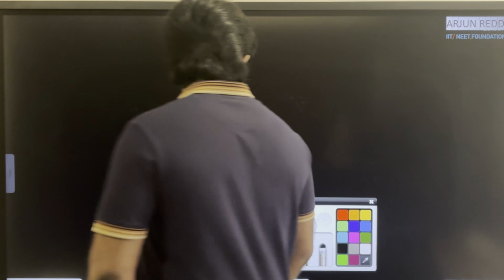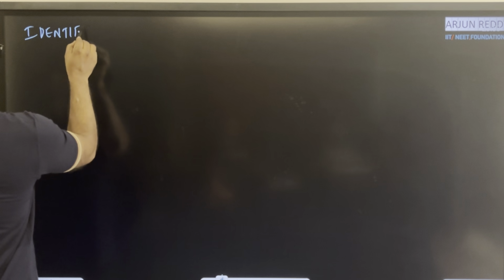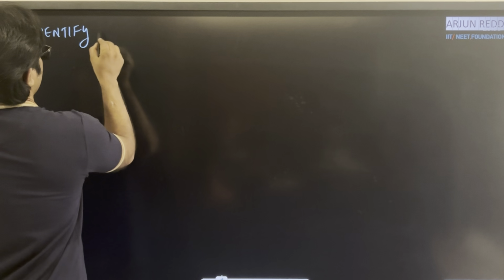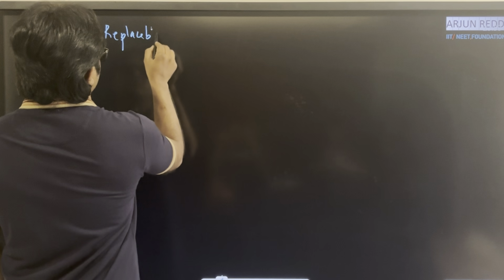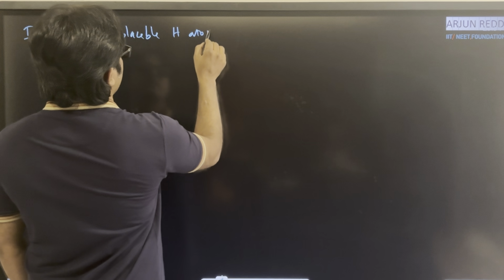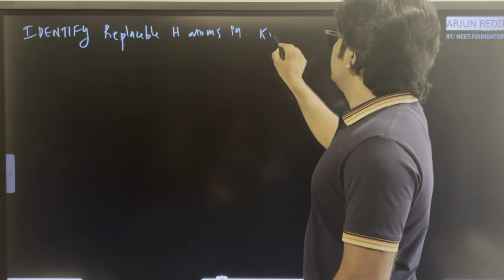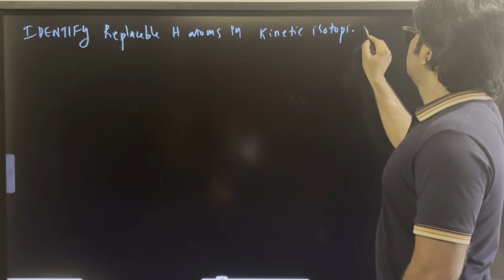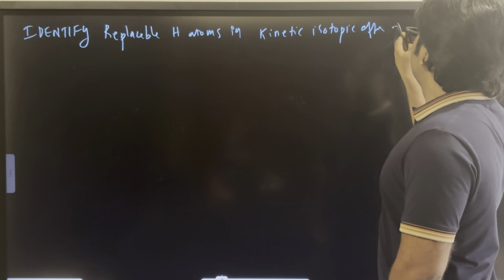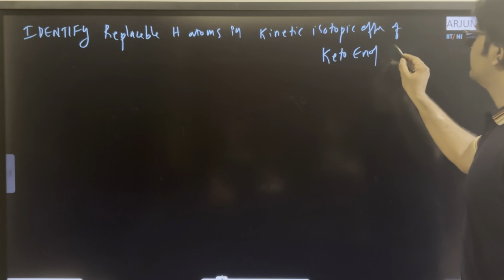Identify replaceable hydrogen atoms in kinetic isotopic effect of keto-enol tautomerism.